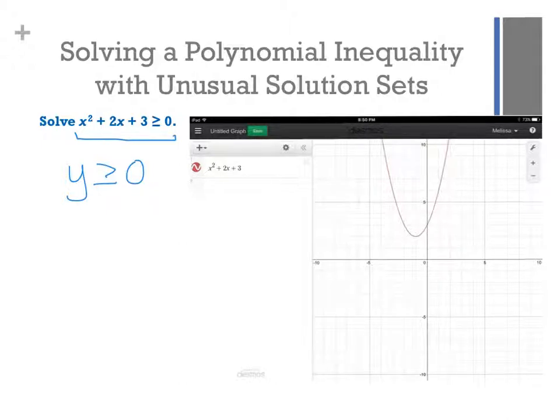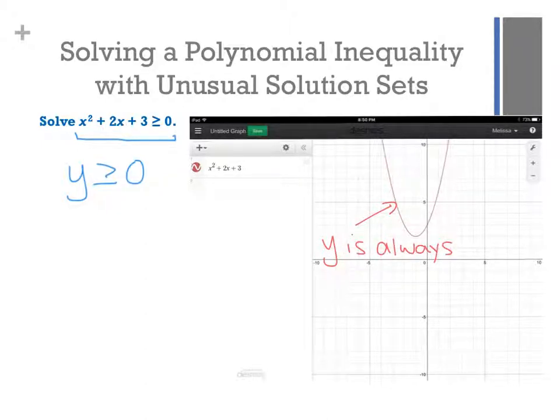Now, again, we said previously, since the entire graph of the function is above the x-axis, because here's our x-axis, that means that y-coordinates on this function are always positive. Y is always positive on this graph.